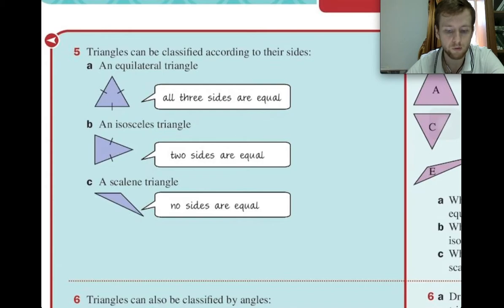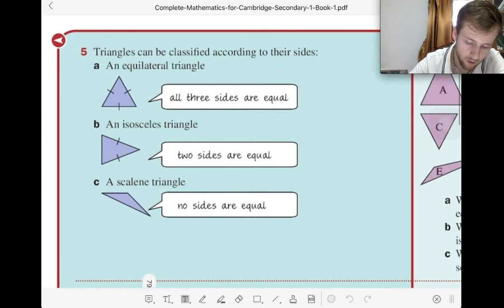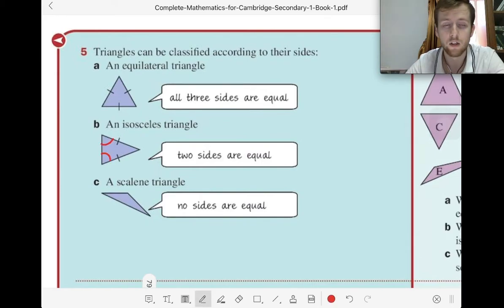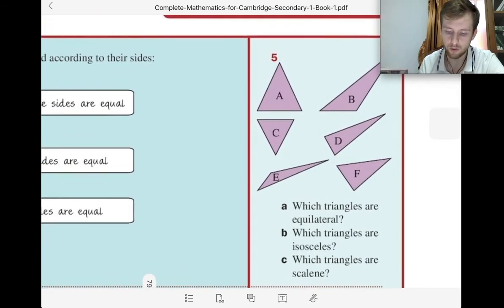If 2 sides are equal, it means that those two angles, this and this angle, are going to be equal. And scalene means that no sides are equal. And we can take a look at the triangles here: which triangles are equilateral, which are isosceles, which are scalene.